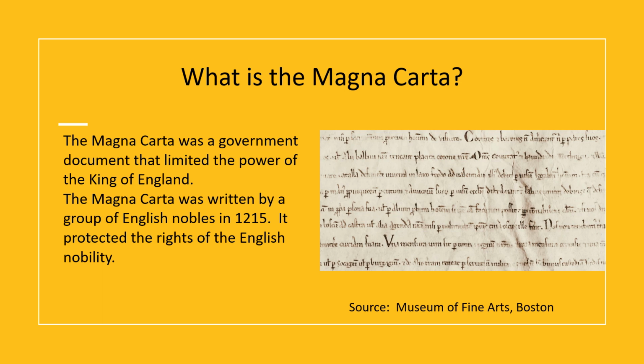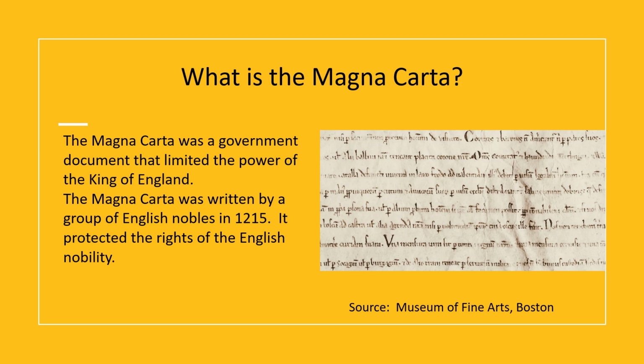So we see a long period of time between these two documents, but in both instances, we're talking about somebody limiting someone's power. The Code of Hammurabi focused on limiting the power of the people, limiting the behavior of the people specifically, and here the Magna Carta was intended to limit the abuse of power of the King of England.